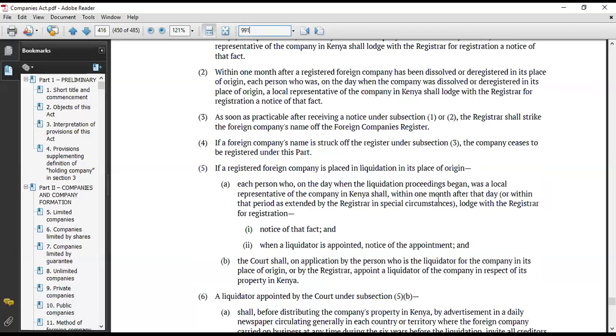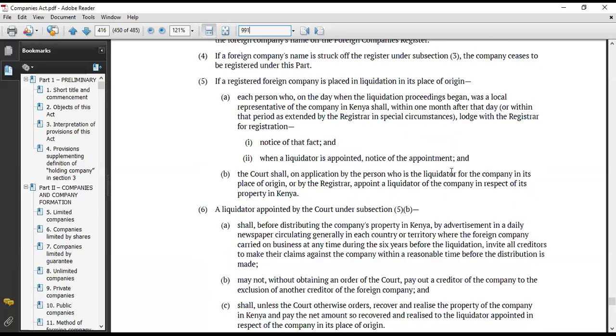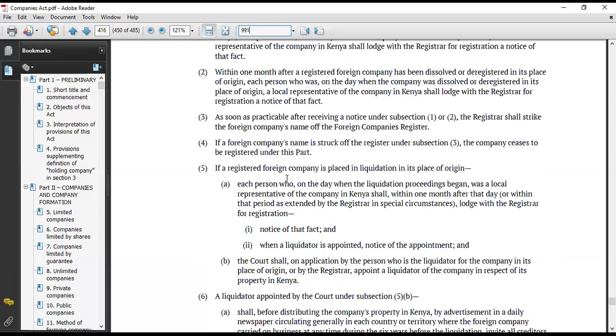In fact, it is 5. It is 995, not 2. If a registered foreign company is placed in liquidation in its place of origin, it is 995. Because it is liquidation, not registration, 991(5).